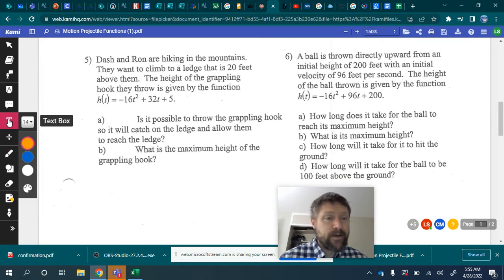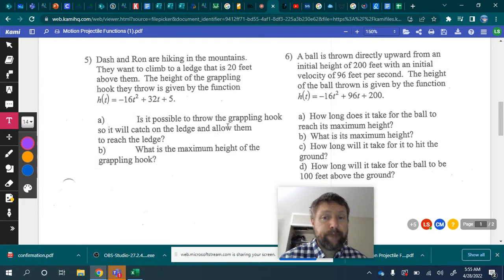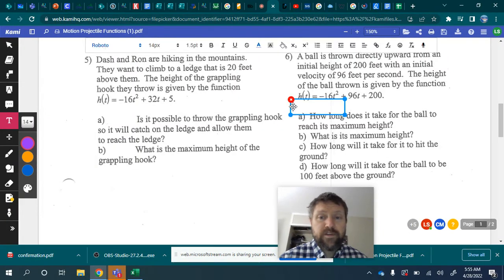All right, so I'm going to type that in over here. Pick my favorite color. Purple for today. So I'm going to sneak the answer in right here. We got negative b divided by 2a is going to be equal to negative 96 divided by 2 times negative 16, right?